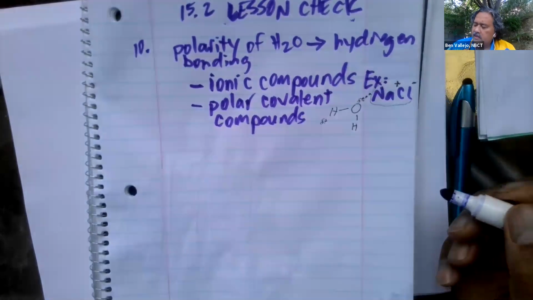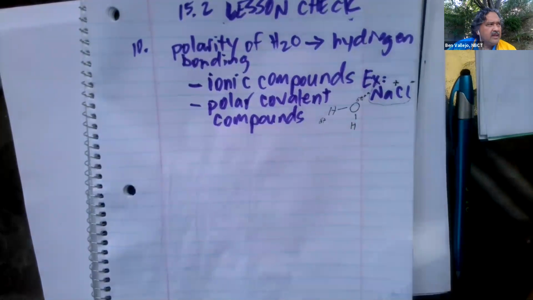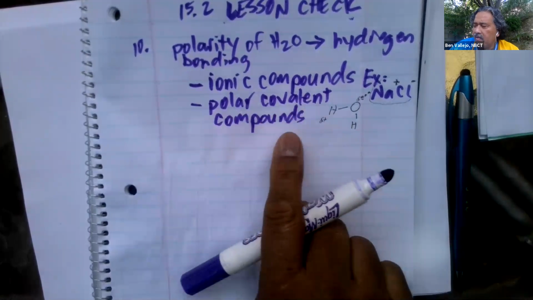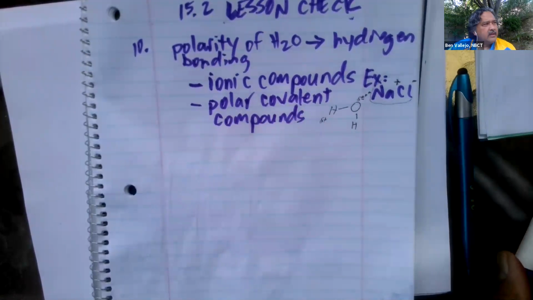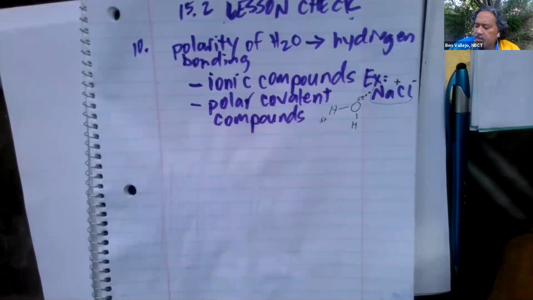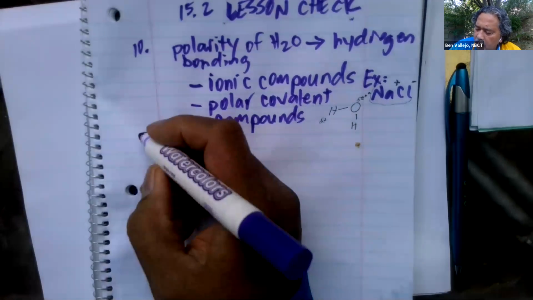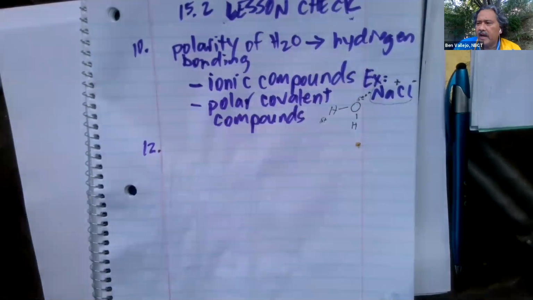They don't have separate ions like this, but they do have parts of the polar covalent compound that are partially positive and partially negative. So polar covalent compounds will be pulled apart as well. All right, so that's number 10. The answer is ionic compounds and polar covalent compounds. Hope you got that one right.